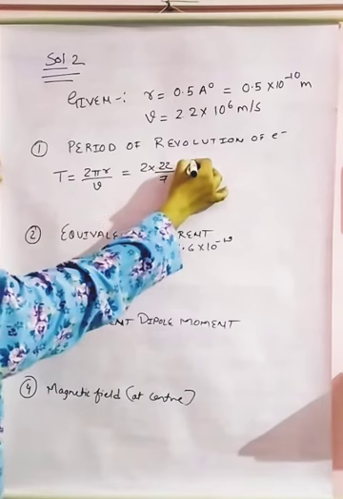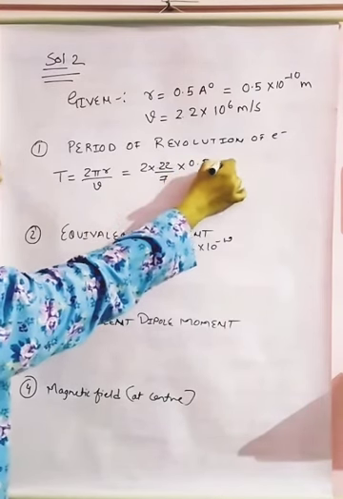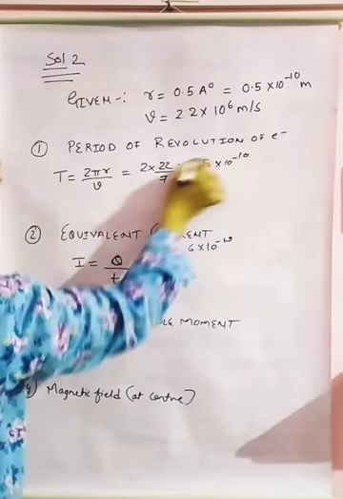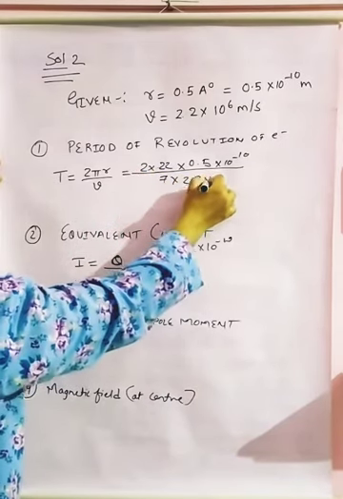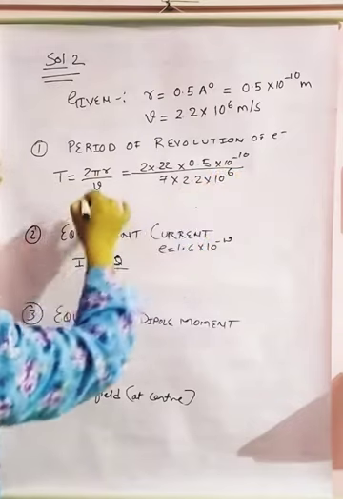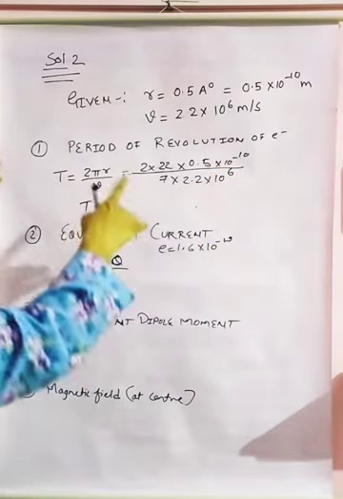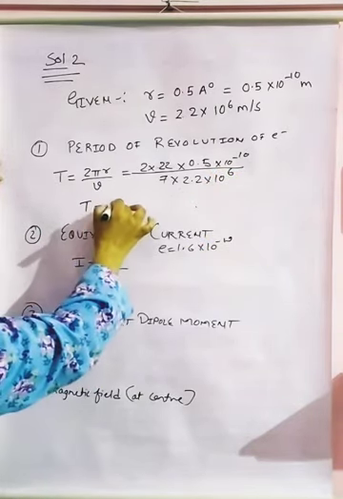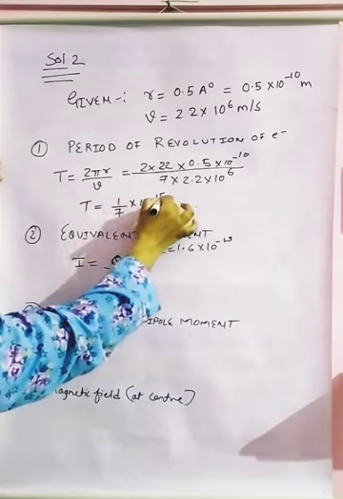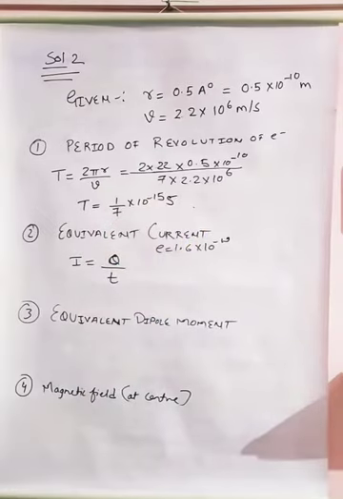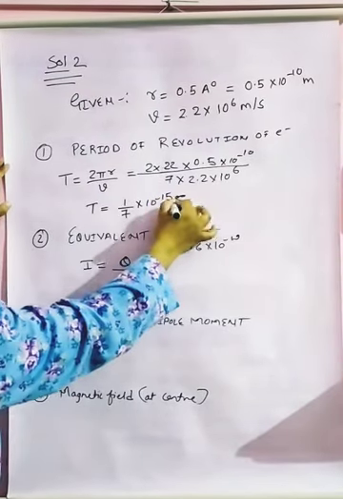What is the value of r? r is 0.5 into 10 to the power minus 10. Correct? Now the v value I have is 2.2 into 10 to the power 6. After solving this, I am going to get 1 upon 7 into 10 to the power of minus 15 second. This will be my answer for the time period.